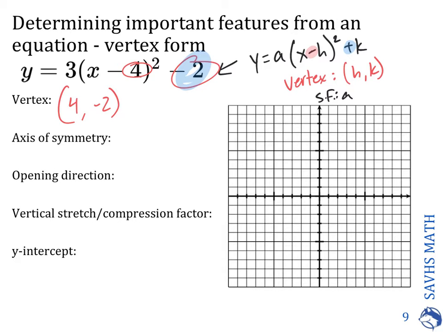I'm going to plot that point right here. The point (4, -2) is this point right there. That means that our axis of symmetry has to be, I may have called this a line of symmetry. I generally try to call it a line of symmetry, although the textbook calls it an axis of symmetry, so I will be expecting a little bit of flexibility there so that you can decode that language at the same time.